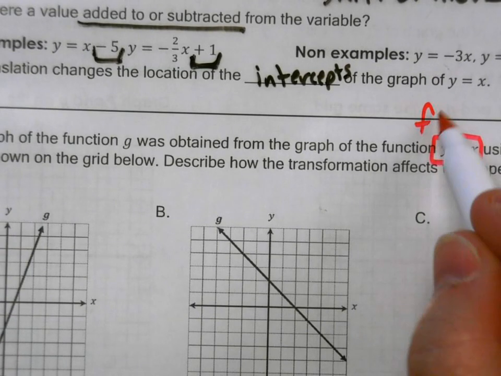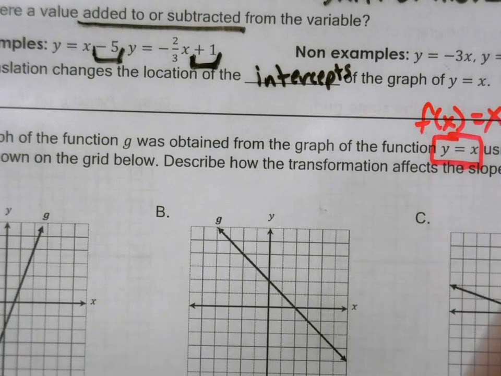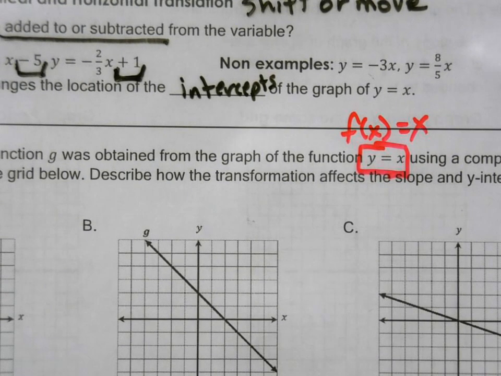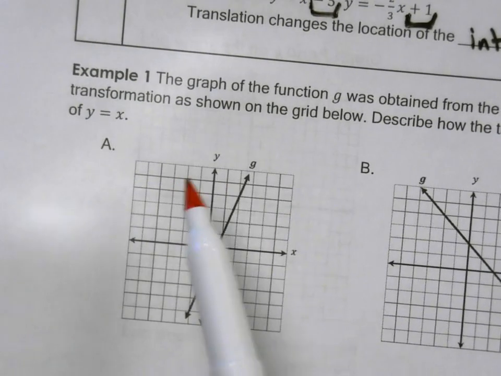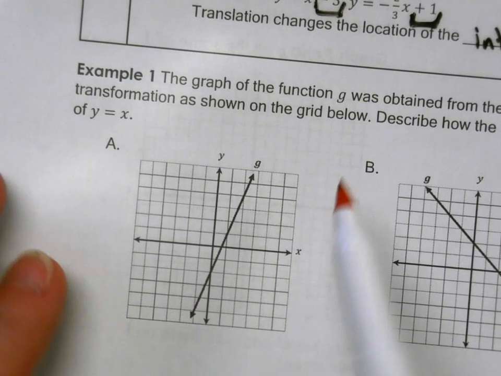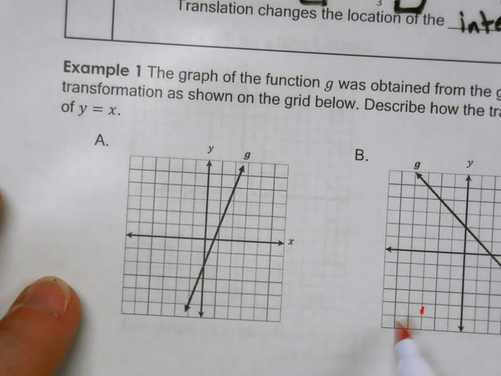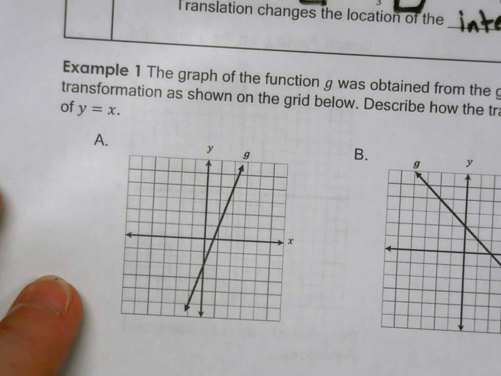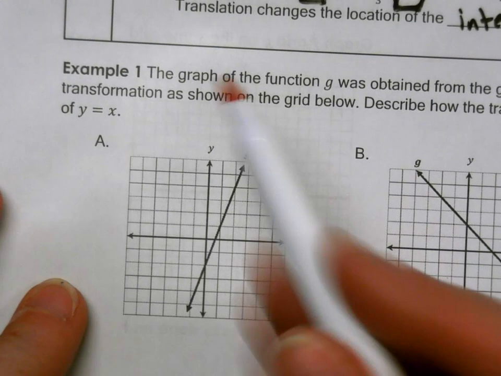We just wrote it as f of x equals x yesterday. But your Get More Math puts it in y. So using a composite transformation as shown on the grid below, describe how the transformation affects the slope and y-intercept of y equals x.